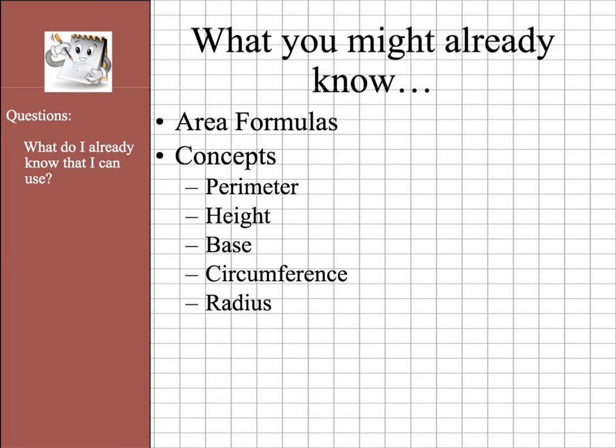A big thing on radius is you're not always going to be given the radius on a shape. Sometimes you might be given the diameter, but you need the radius. So keep vigilant about which one you're given and which one you need, so that if they give you the diameter, you're not plugging the diameter into your formula. You cut that in half and put in the radius.